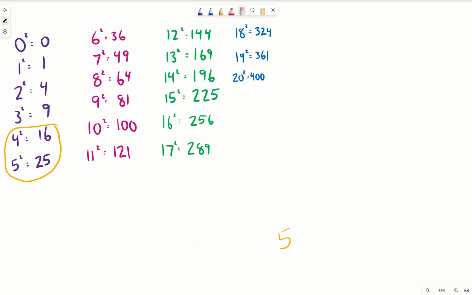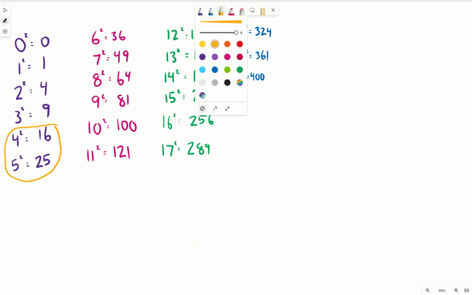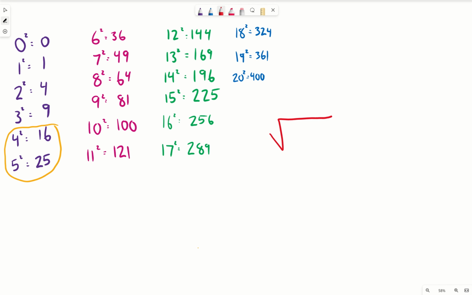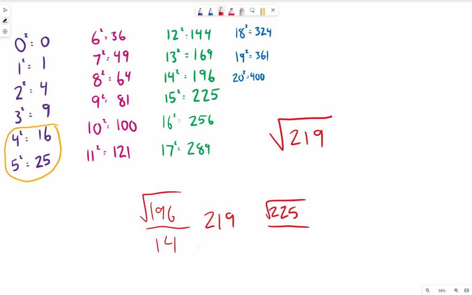If I said, okay, what is the square root of 219? Well, 219 is in between my numbers of 196 and 225, which this is 14 and this is 15, and it's probably closer to the 15 side, so I'm going to say it's 14.7 maybe.